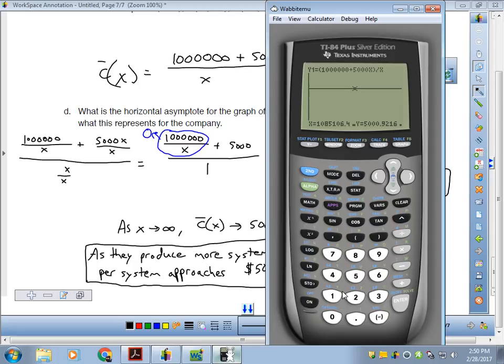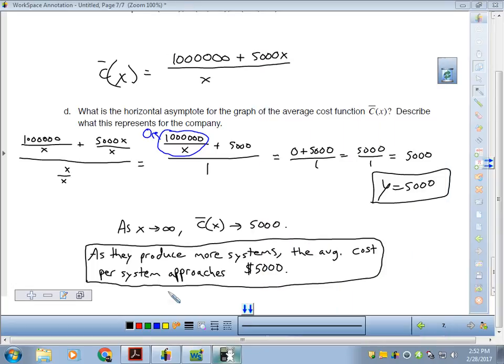So if I go out to 2,000,000, look, it only costs $5,000.50 if we're all the way out making 2,000,000 of these units. Do you see how it's getting closer and closer to 5,000? The cost is going down, so we can kind of see that.